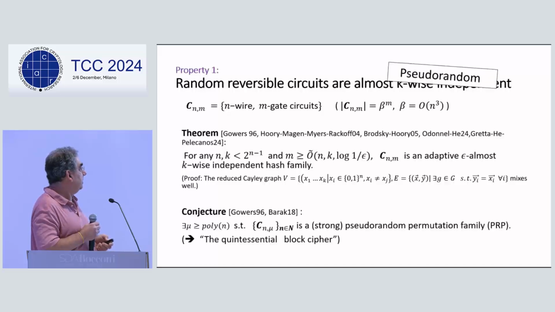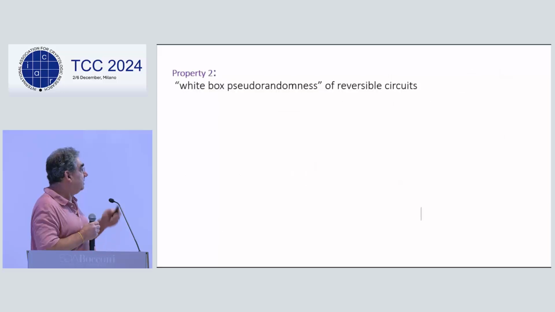Furthermore, it has been conjectured that it is not only k-wise independent, it is actually pseudo-random. And if you think a little bit, you see that this is essentially the quintessential block cipher, a random reversible circuit, and essentially any other block cipher, AES or whatever, is kind of a knockoff of this quintessential block cipher. But never mind, that's a side issue.